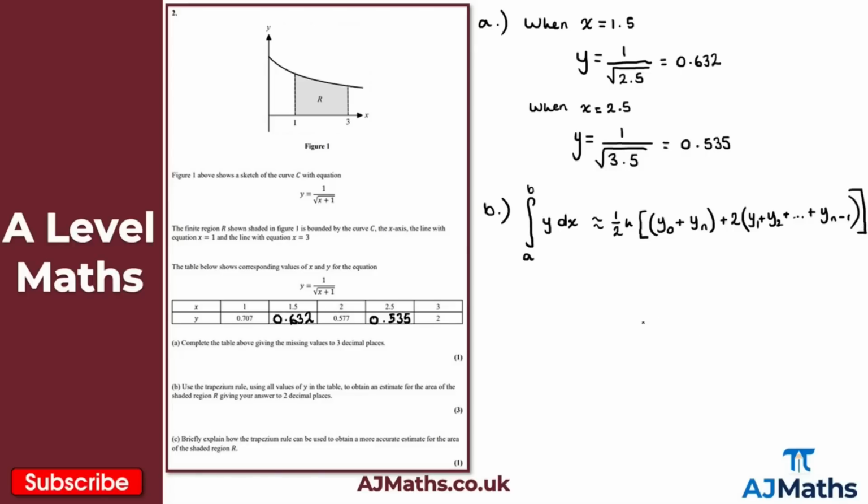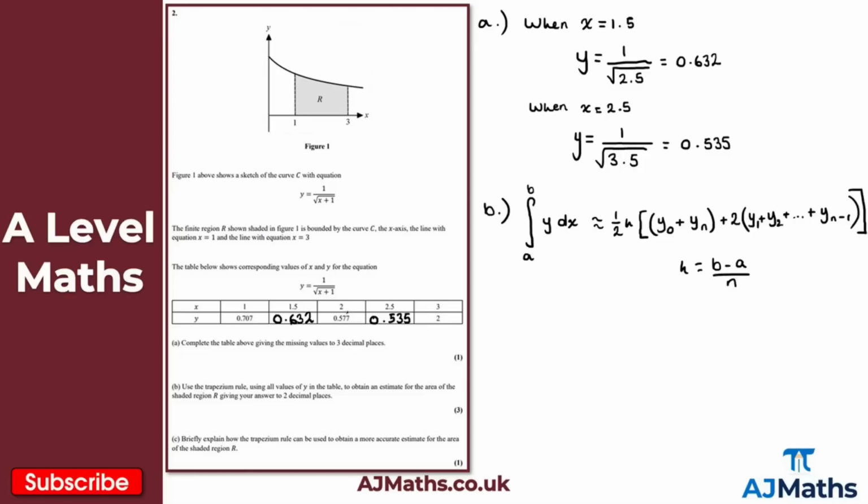So if we put all that together then, so h, don't forget that's also given in the formula, but h would be equal to b minus a divided by n. Now, in this case here, you don't actually need to go and find h. Remember, h is the width of the interval. But in this case here, h in our question here would be 0.5.